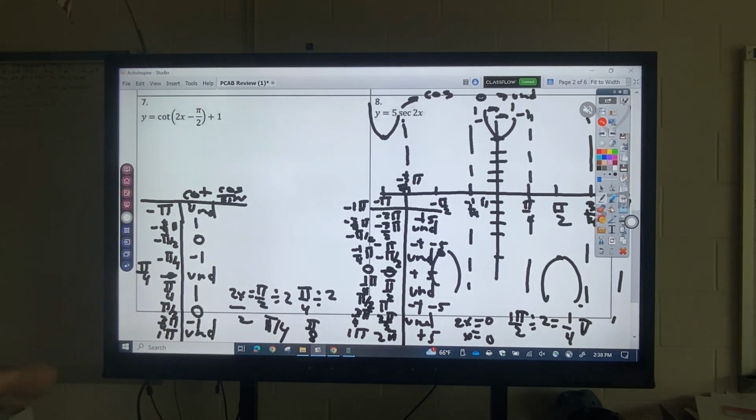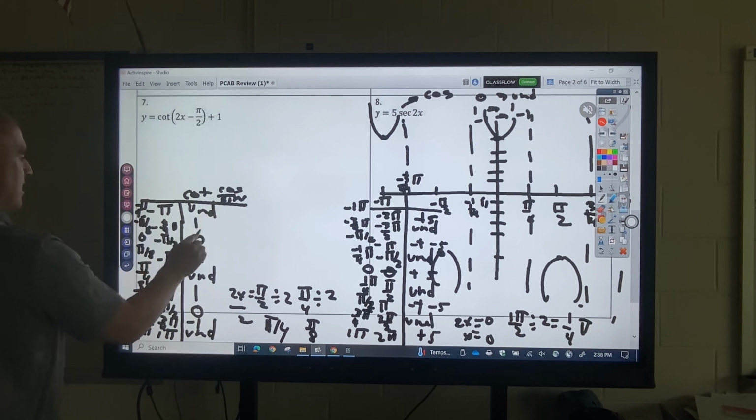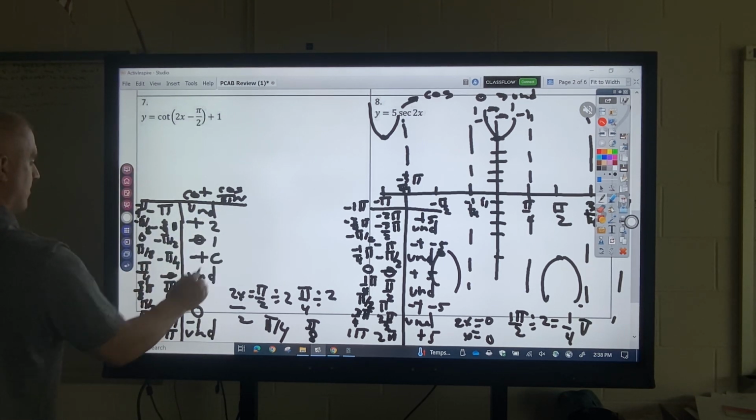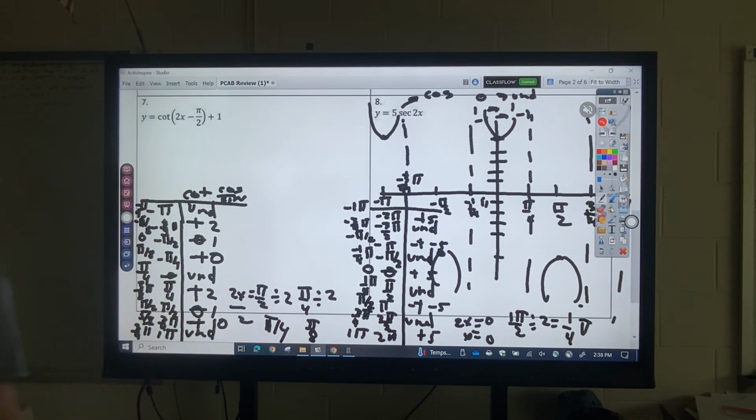So 1/4 would be 2/8, 2/8 plus an eighth would be 3/8, 3/8 plus an eighth would be 4/8, or pi over 2, 5/8, and then 6/8, which is 3/4. Subtract: 2/8 minus an eighth would be 1/8, 0, negative 1/8, negative 2/8, or negative pi over 4. Like I said, apologize for the sloppiness. I want to add 1 here, so it's 2, 1, 0, 2, 1, 0.